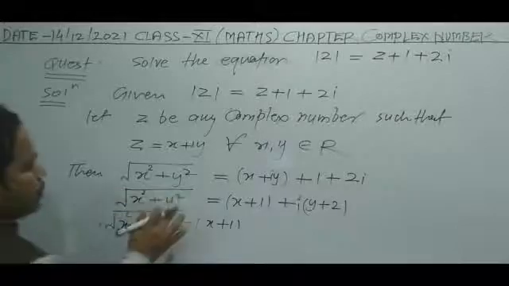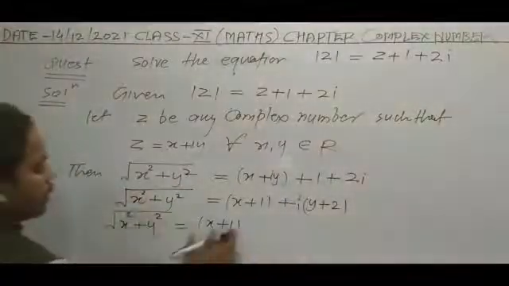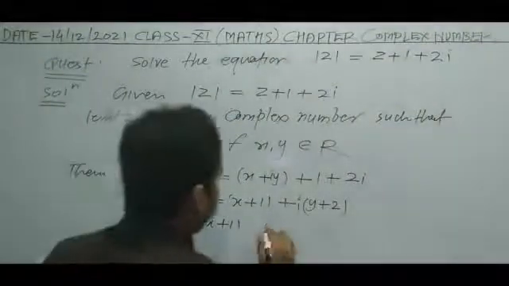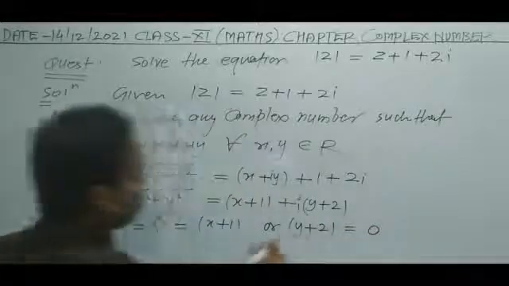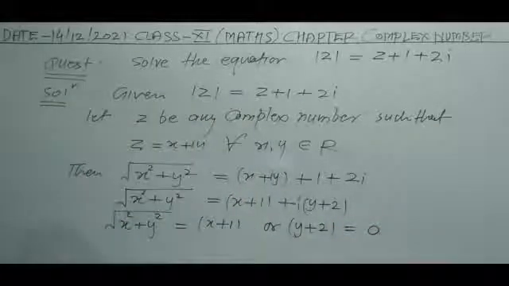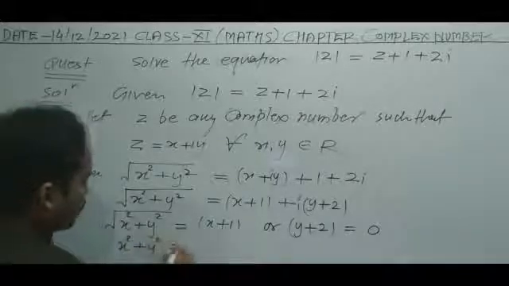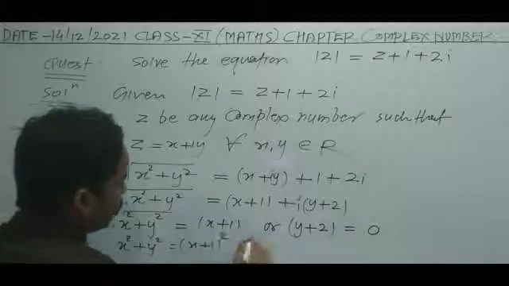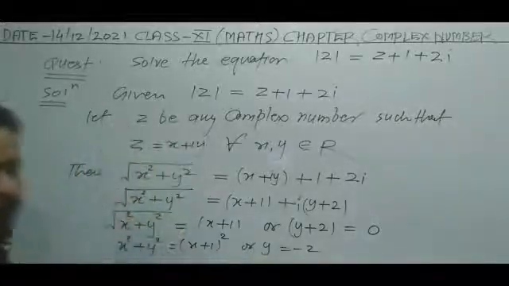So this is real, it cannot be imaginary. So we can equate its real part, and y plus 2 we can write as 0. So when you solve this part, you will get x square plus y square is equal to x plus 1 whole square, and y is equal to minus 2.